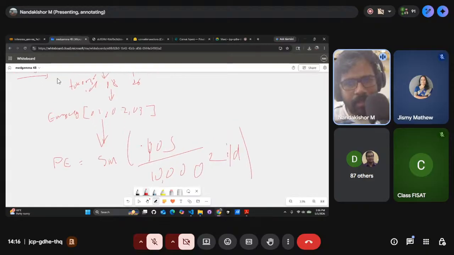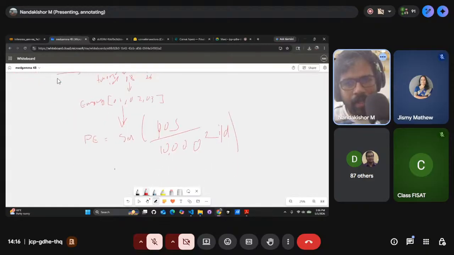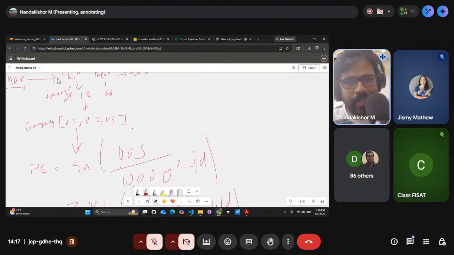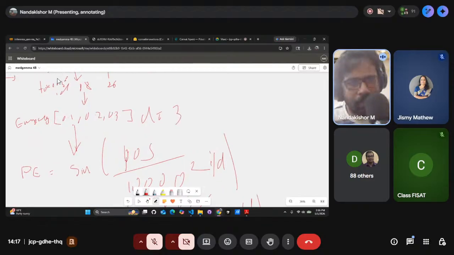In that paper they introduced a positional encoding vector, PE, which signifies two equations: sine of POS divided by 10,000 raised to 2i by d, and similarly cosine of POS divided by 10,000 raised to 2i by d. What is d? d is the dimensionality of the model, which is 3. And i represents the vector's position in the embedding, so i equals 0, then 1, then 2.